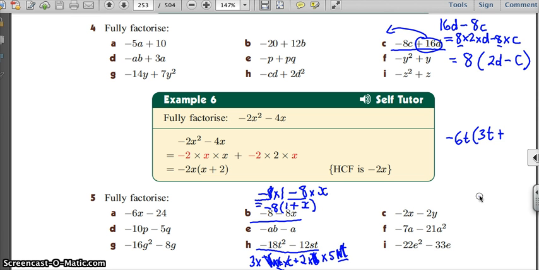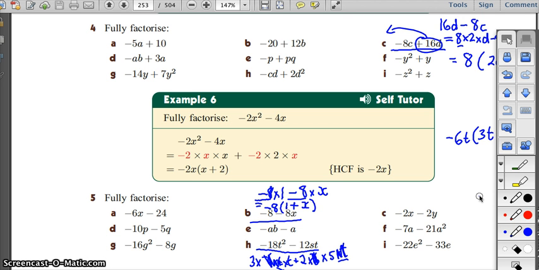That's a 2 and an s, sorry. 2s. And if we did that times that, we'd get our -18t squared, and that multiplied by that would give us a -12st, so that would be right. So some of you, I reckon, are in that, so you can go on with your class learning now.